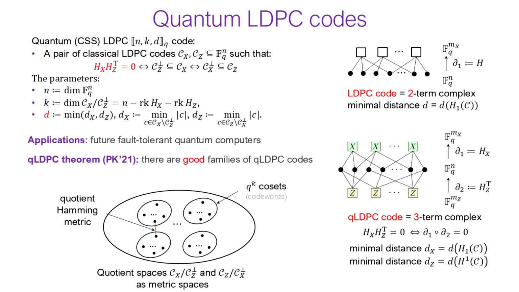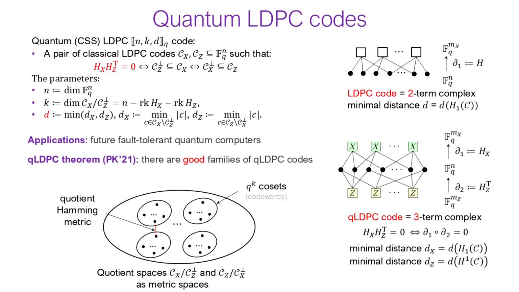You can easily verify that the condition that defines a CSS code is exactly equivalent to the condition of the chain complex. So whenever we have a chain complex, we have a qLDPC code, and whenever we have a qLDPC code, we have a chain complex. Those are essentially the same things.